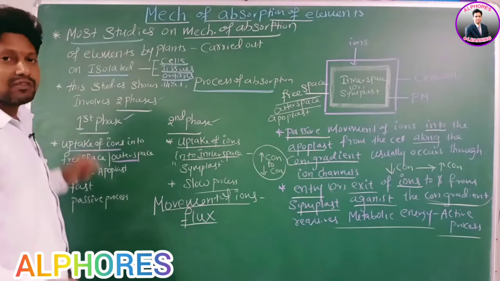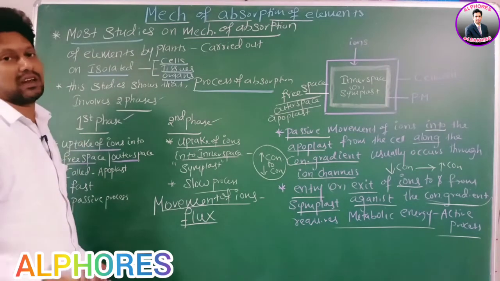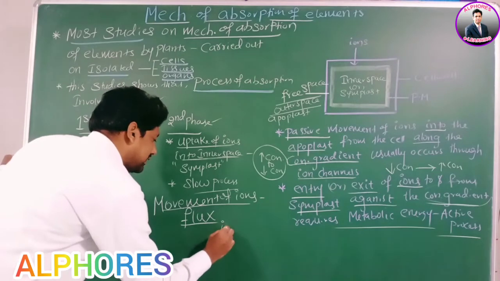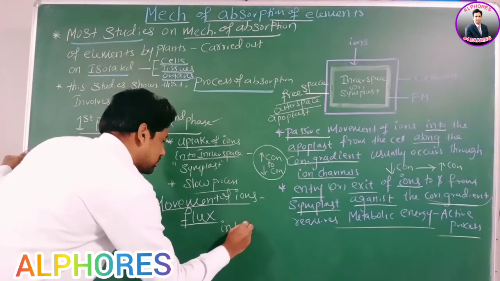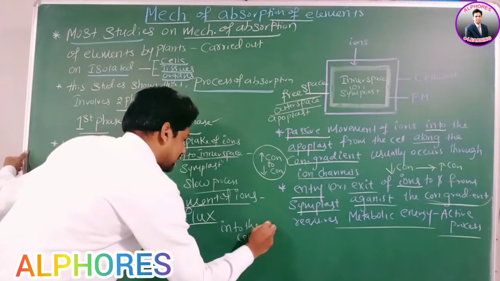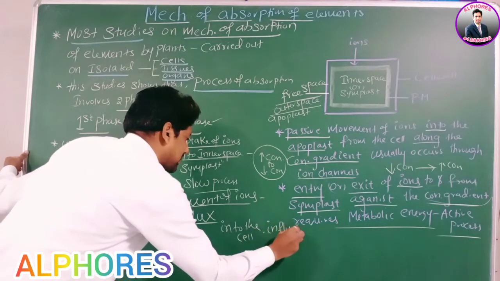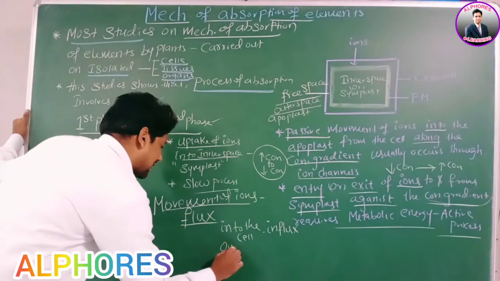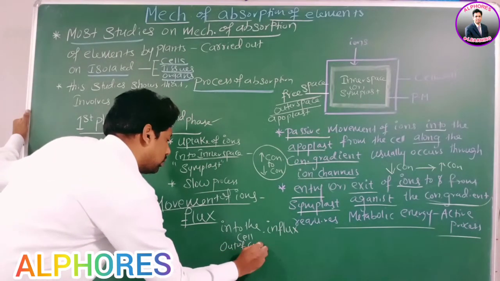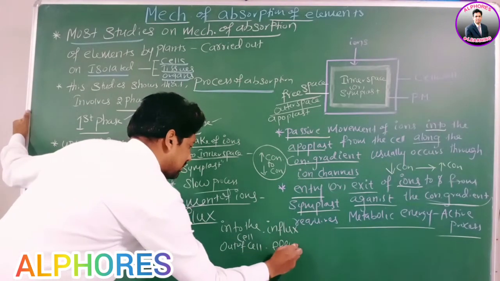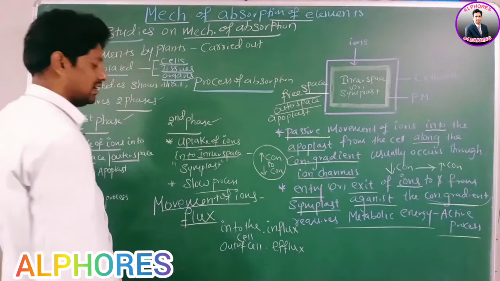Sir, if ions enter into the cell, then it is called influx. If ions come out of the cell, then it is called efflux.